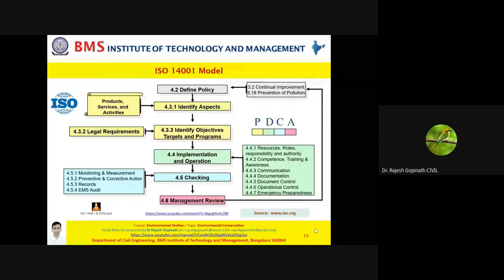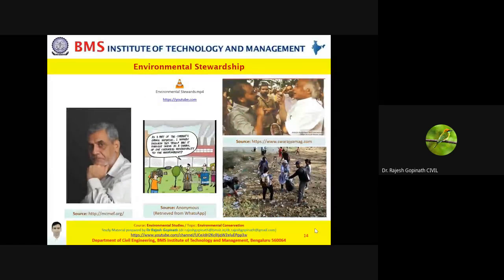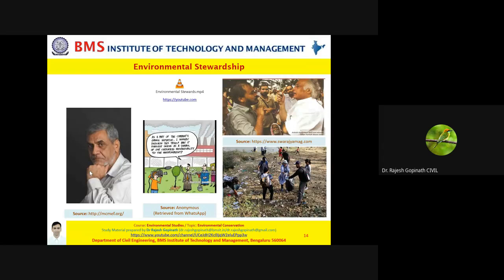All right. Now, let's move on to another domain of today's understanding, that is with respect to environmental stewardship. So friends, now let me just give you a glimpse of the images. You are looking at a gentleman who's an advocate, an environmental lawyer. His name is MC Mehta. I would call him an environmental steward.